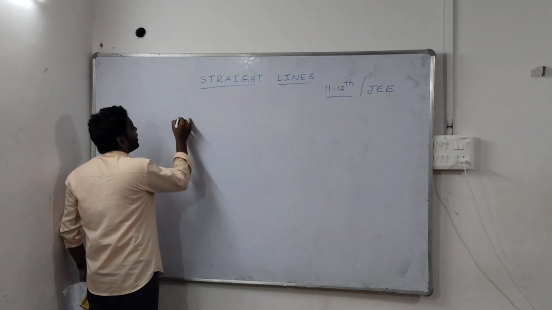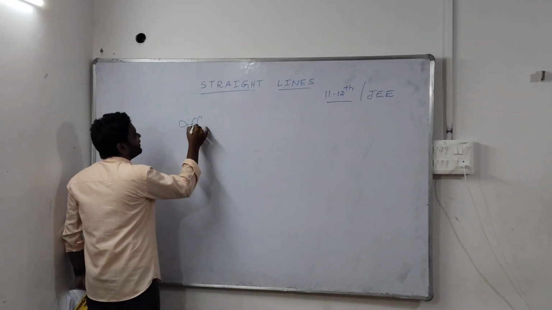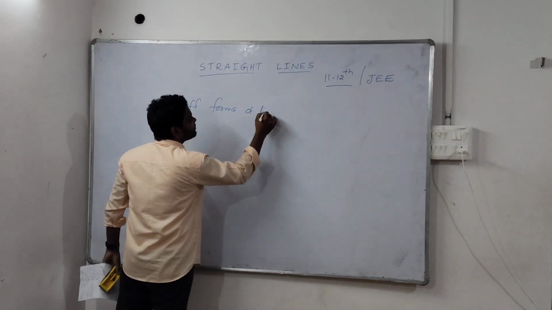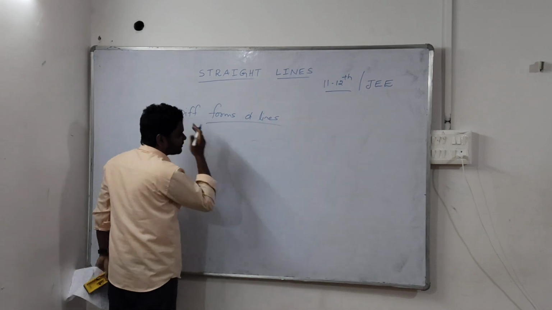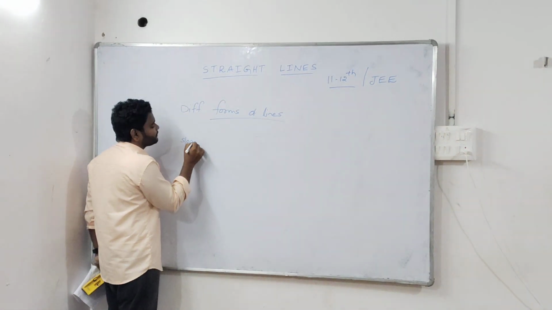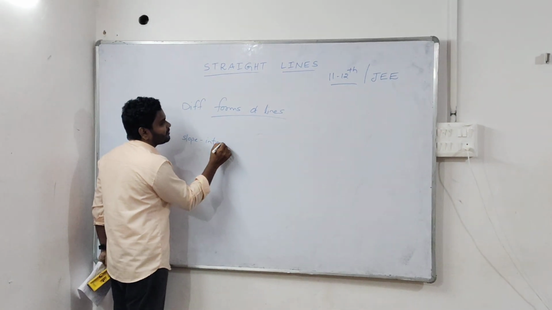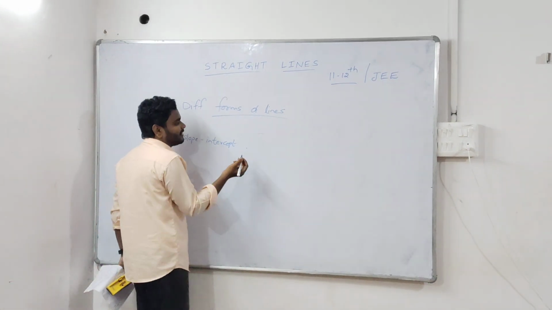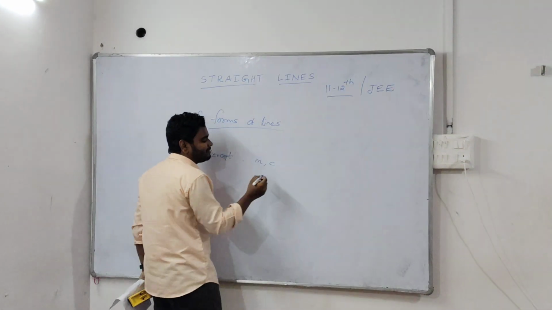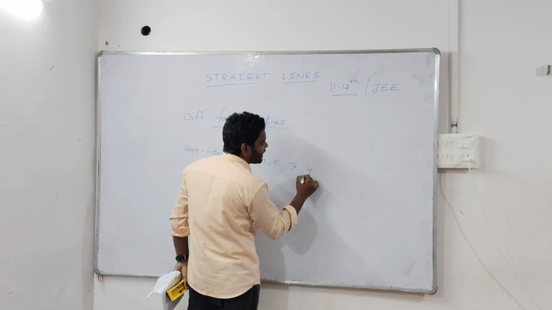Then we will see different forms of lines. Basically, we have the slope intercept form. What is that? The slope m is given and the intercept c is given. The form is y equal to mx plus c.